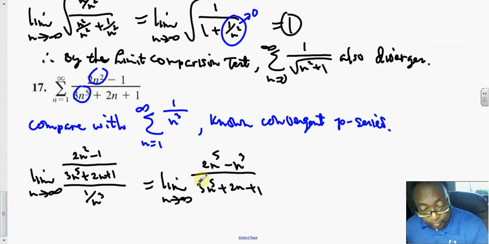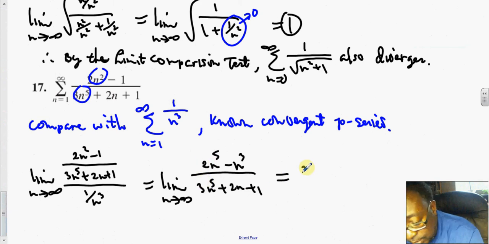This is just finding the horizontal asymptote, if you recall from algebra. If the leading terms in the numerator and denominator have the same exponent, then the limit becomes the ratio of the leading coefficients. That's just 2 divided by 3.